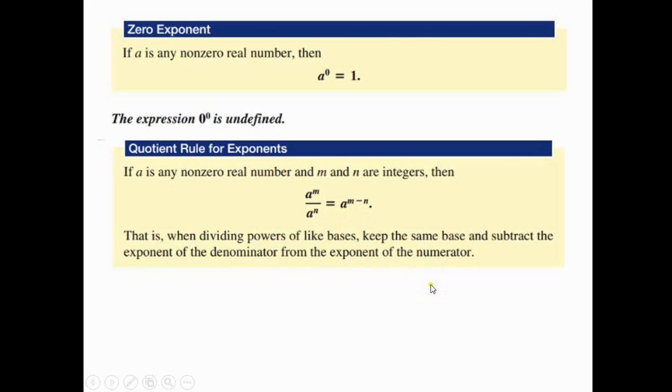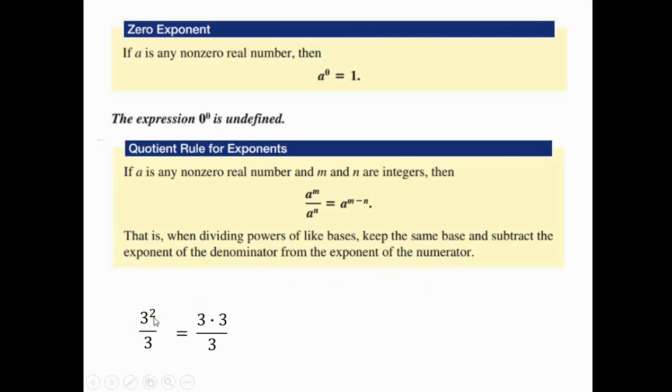So based upon that, it's best to explain and demonstrate this rule by using numbers. A very simple arithmetic problem, I suppose. Consider 3 squared over 3. This is actually 3 times 3, right?